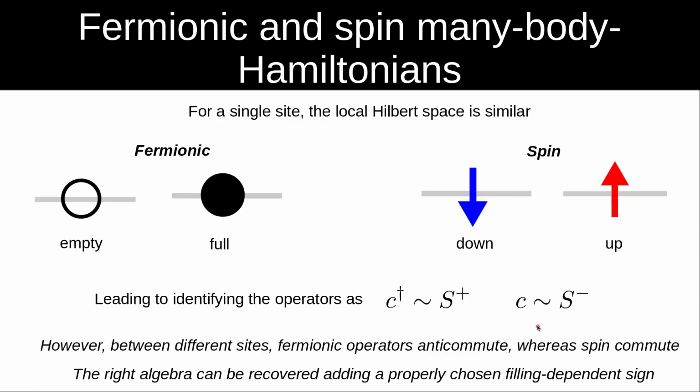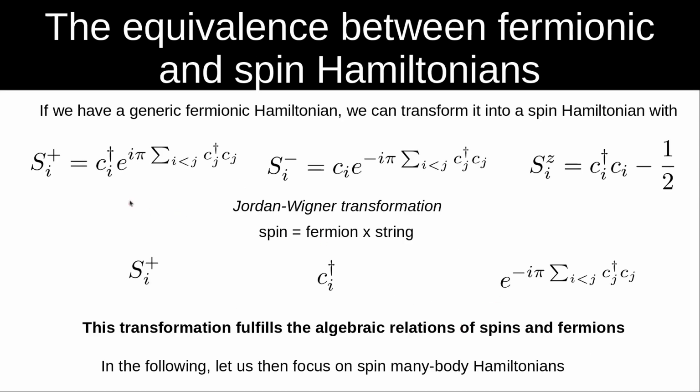However, one can just redefine this ansatz so that the sign corresponds in the correct way between fermionic and spin models. And this redefinition of the sign is what is known as the Jordan-Wigner transformation.